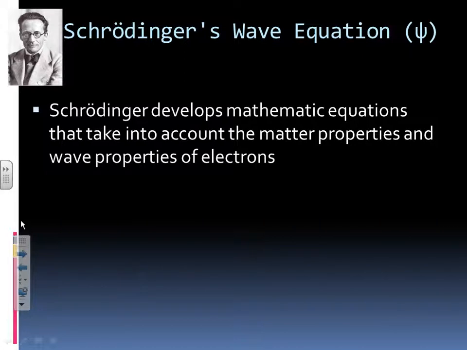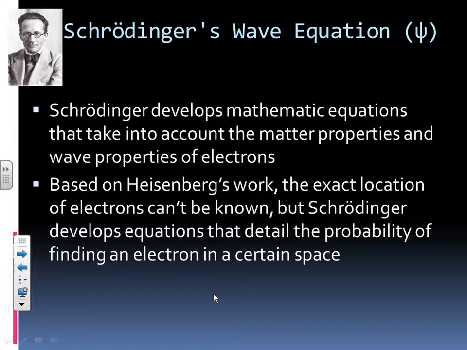And what that mathematical equation says is that I'm never going to know exactly where an electron is, but through mathematical manipulations of actual data, I can give you a probability that the electron will be in a certain spot.